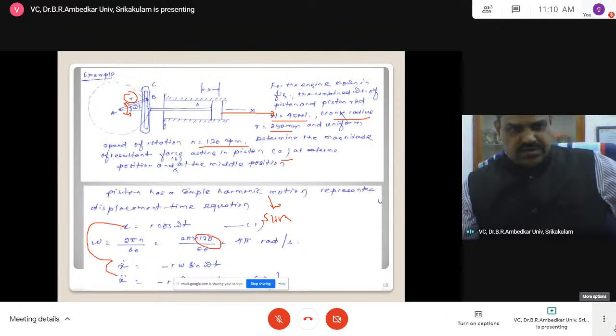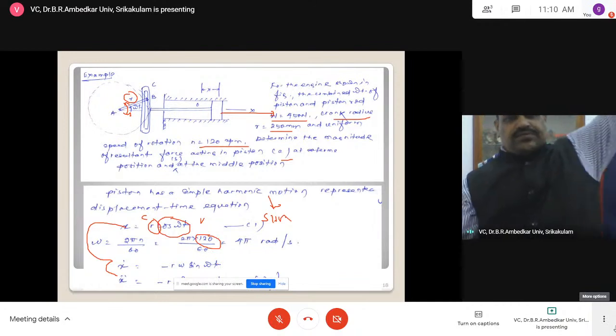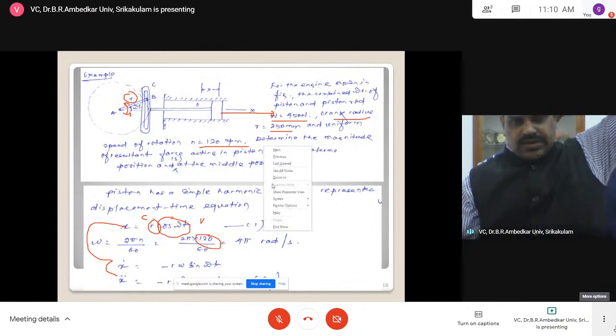Further differentiate, velocity is minus r omega sin omega t, because differentiation of cos omega t is minus sin omega t, and omega t differentiation is omega. R is constant. This is a constant and this is a variable. Okay, so this is how we will try to represent the equations.